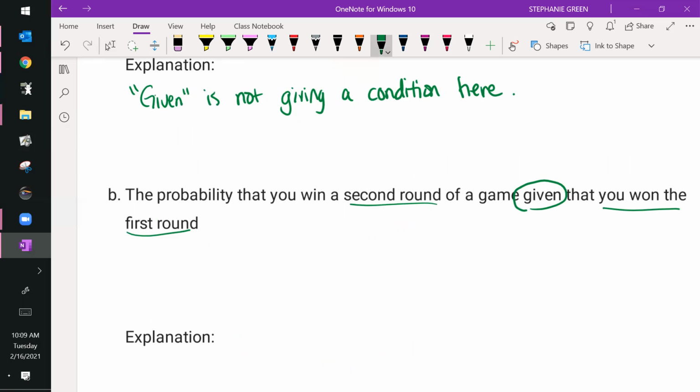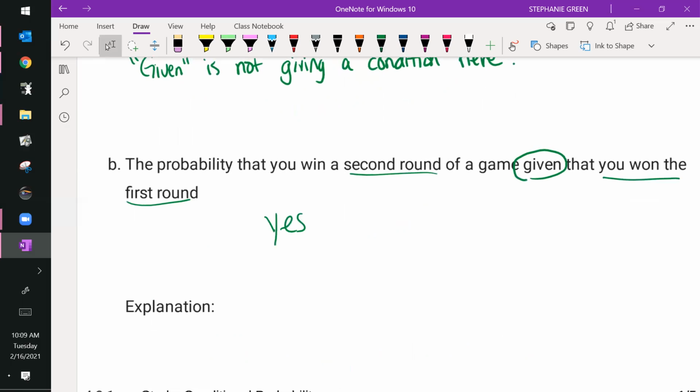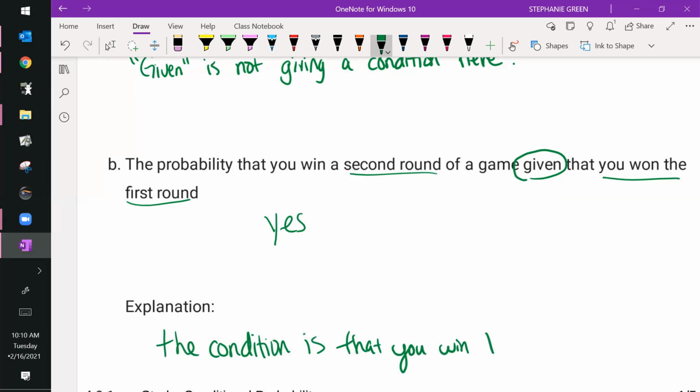Maybe, maybe not. Either way, this is a conditional probability because there is a condition. The condition is that you win the first round. So we're looking for the probability of something different, that you win a second round, given the condition that you win the first round.